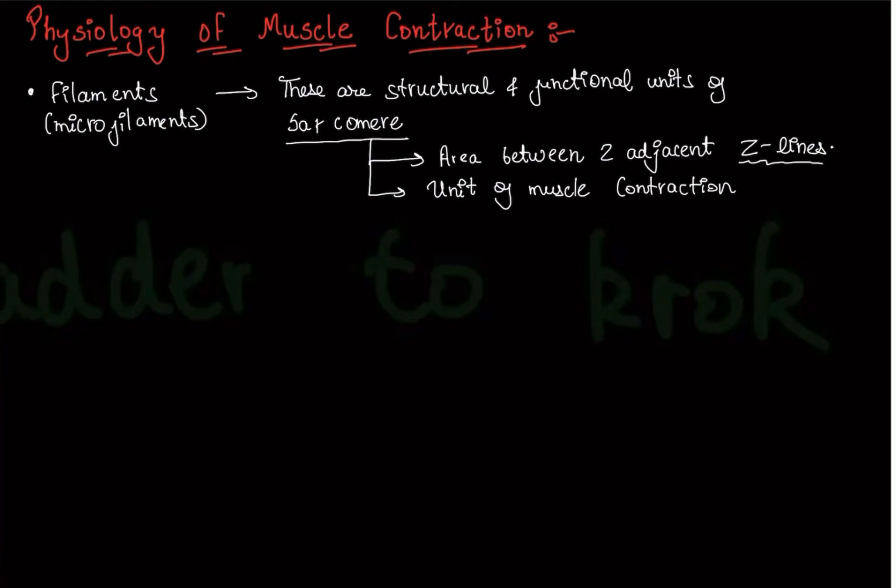First of all, I want to tell you about these filaments. These filaments are of two types: thin filaments and thick filaments. The thin filaments are formed of the proteins actin, tropomyosin and troponin.